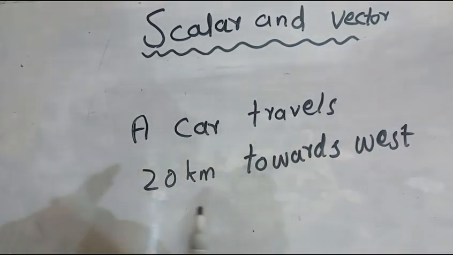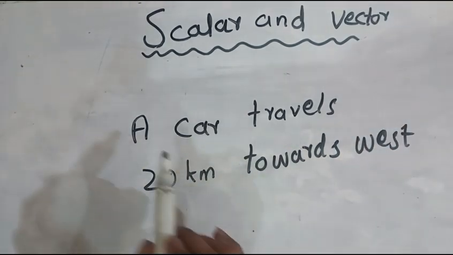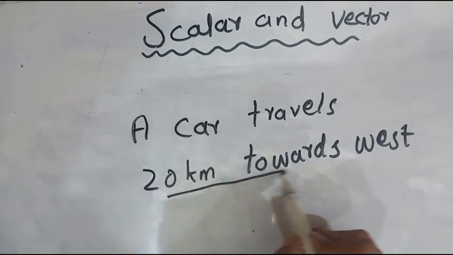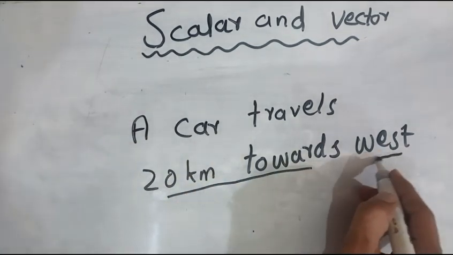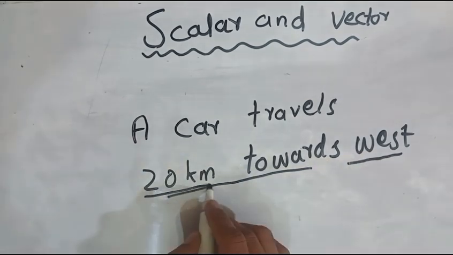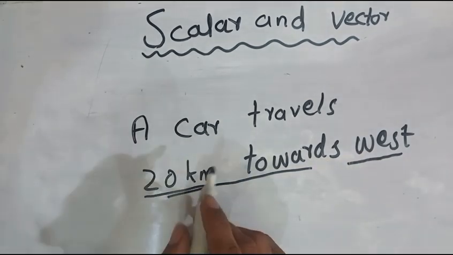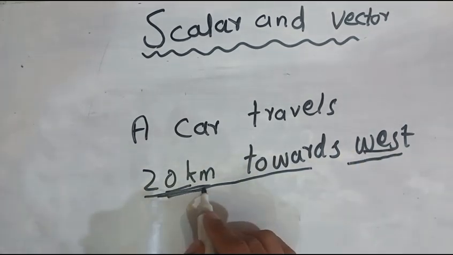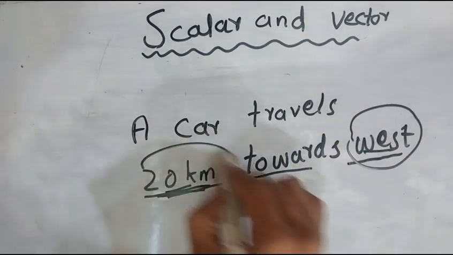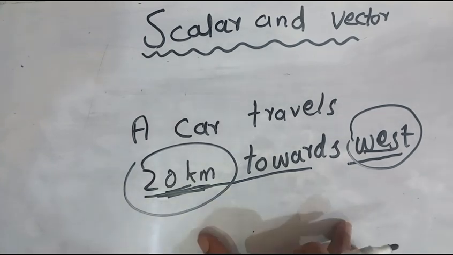This is an example of a vector quantity. Here direction is also being shown and magnitude is being described. Direction and magnitude both are involved in it.